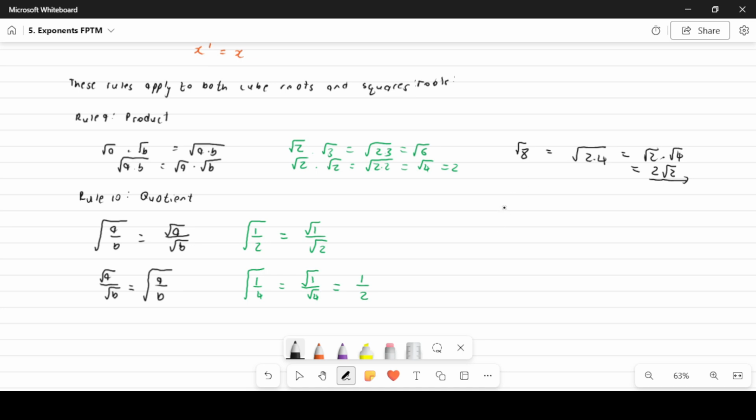So let's say we were given the cube root of 54. If you could see that 54 can be re-expressed as 27 times 2, then we could say that this is actually the cube root of 2 multiplied by the cube root of 27, which will give you 3 cube root 2.